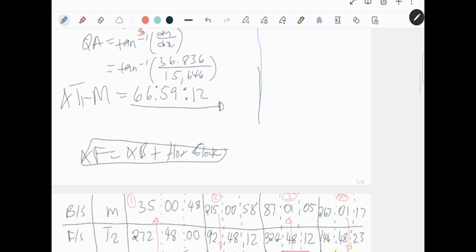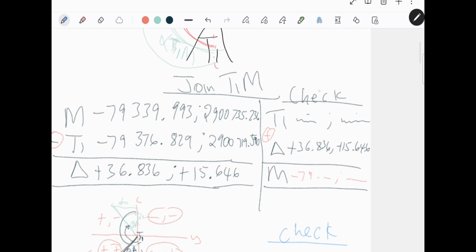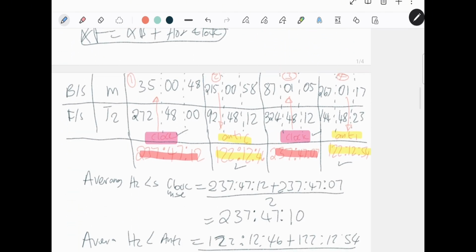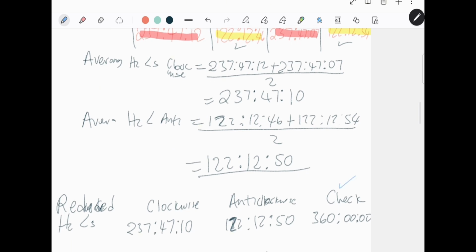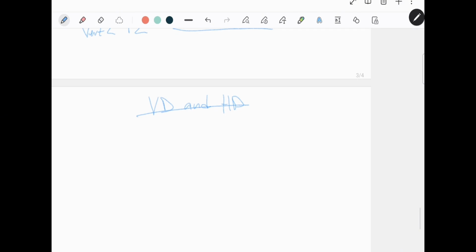So remember to write your check here. So far we have only 3 checks.